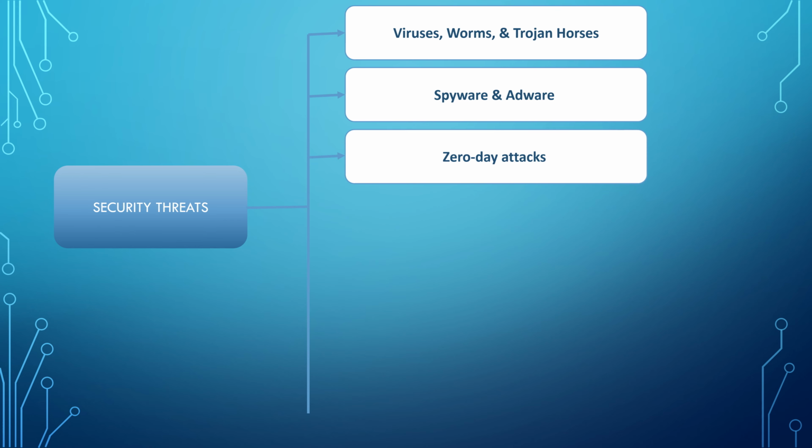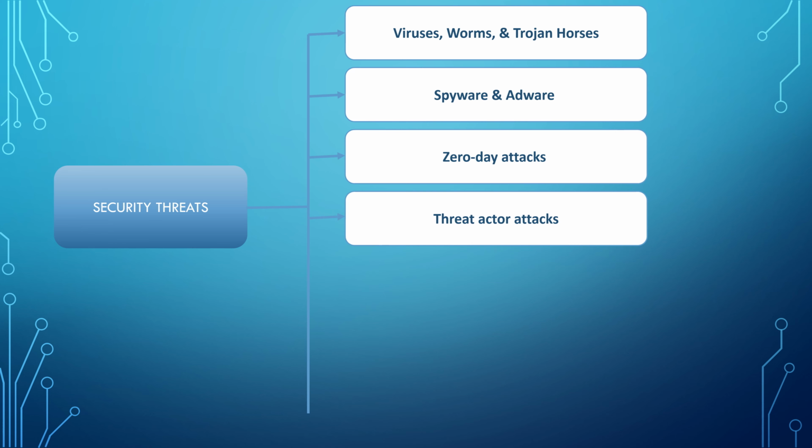Zero-day attacks, also known as zero-hour attacks, occur on the first day that a vulnerability becomes known. A threat actor is a malicious person who attacks user devices or network resources. Denial of service attacks can slow or crash applications and processes on a network device.